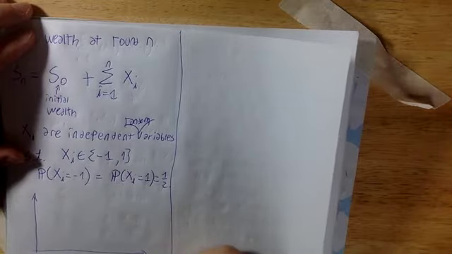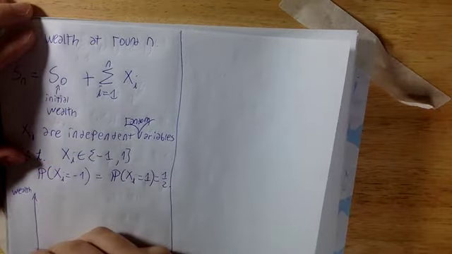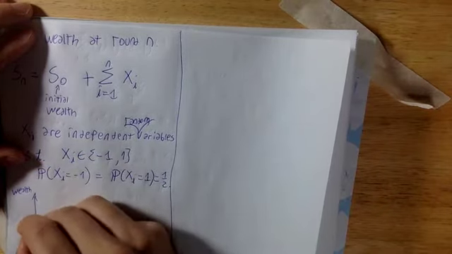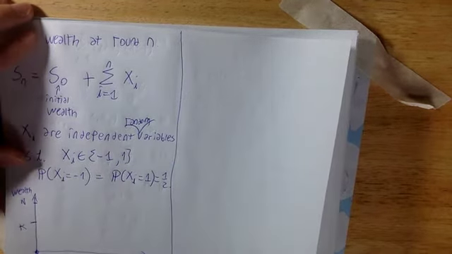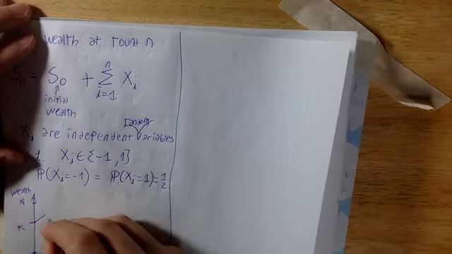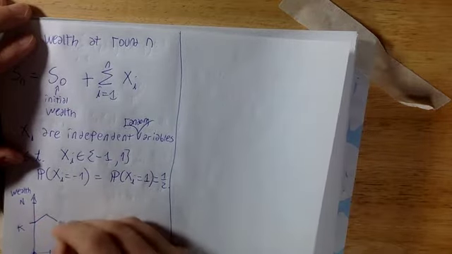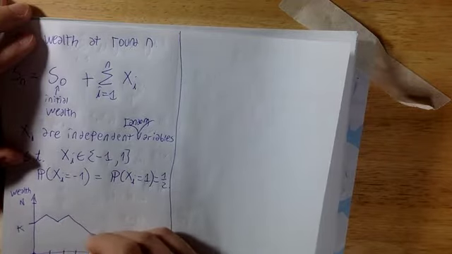If this is the number of rounds, and this is wealth, we start with K, and here we have our desired value N. Each instance of this is what is called a random walk.